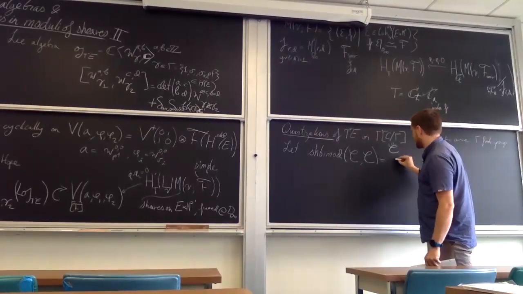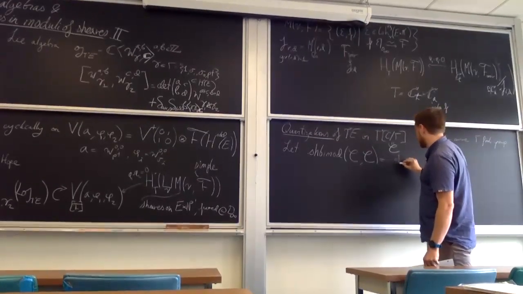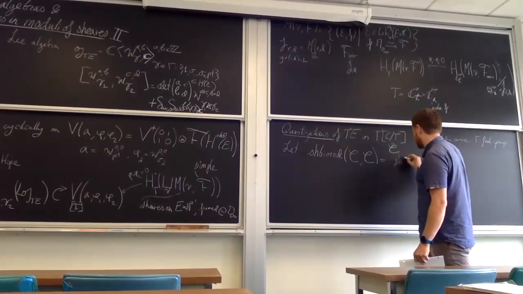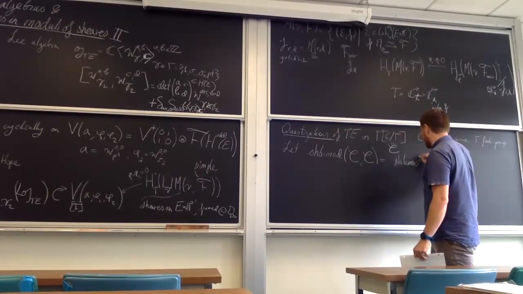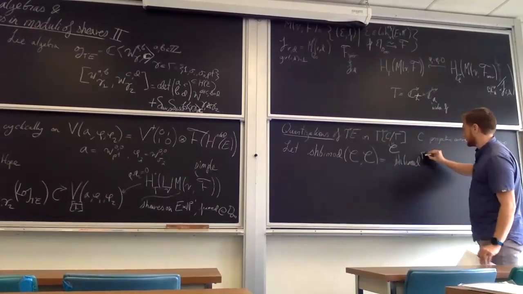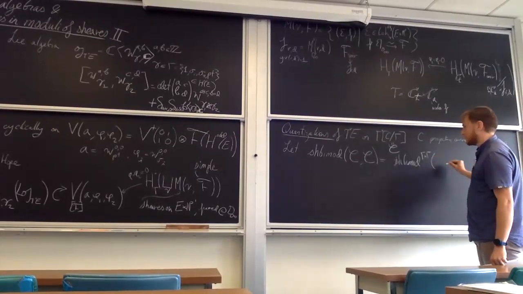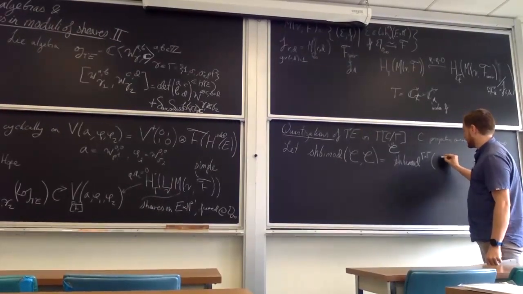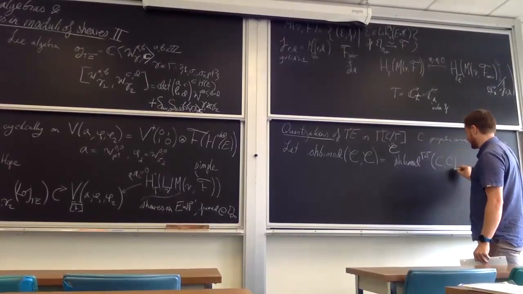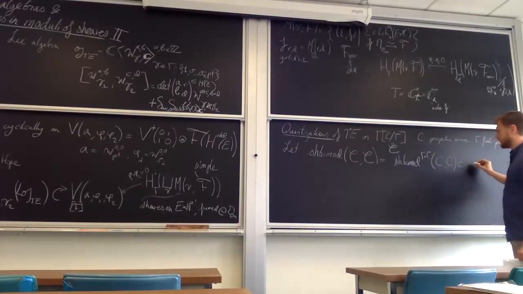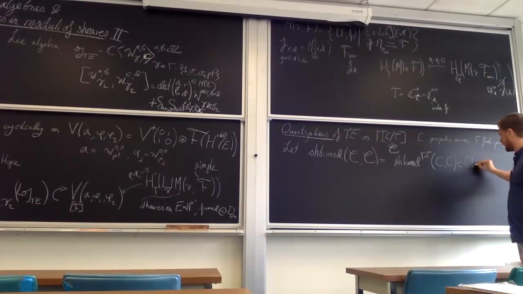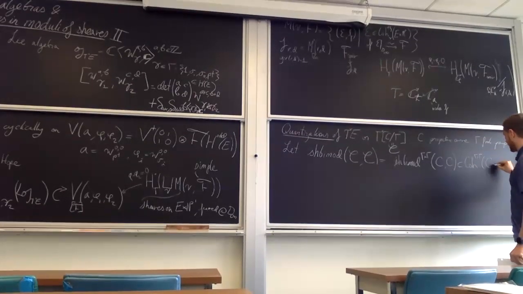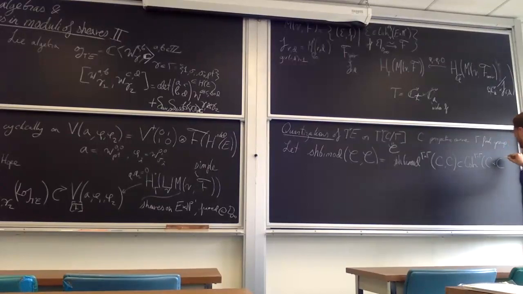So sheaf bimodules is the same thing as sheaf bimodules which are gamma times gamma equivariant on our curve times our curve, which is a full subcategory of the category of gamma times gamma equivariant coherent sheaves on the product of our two curves.